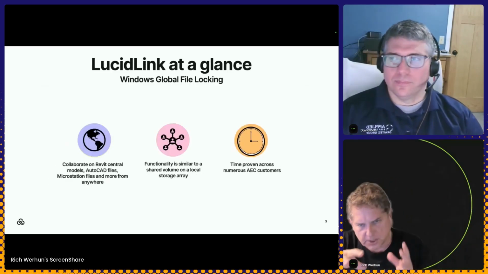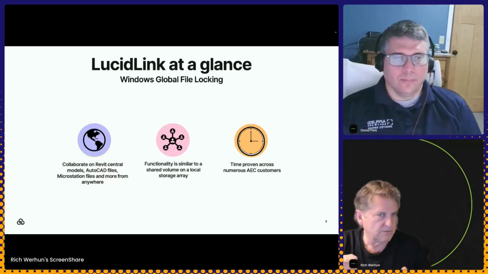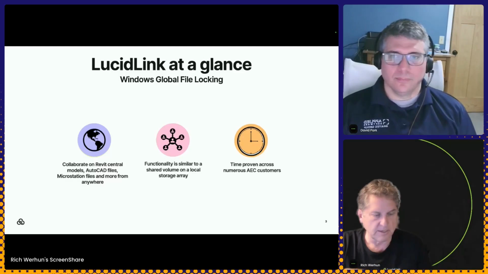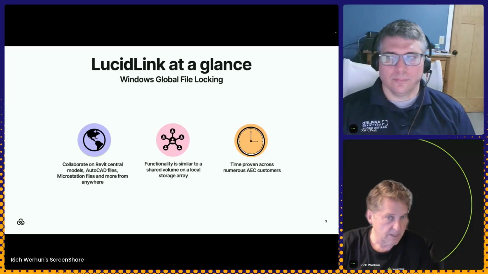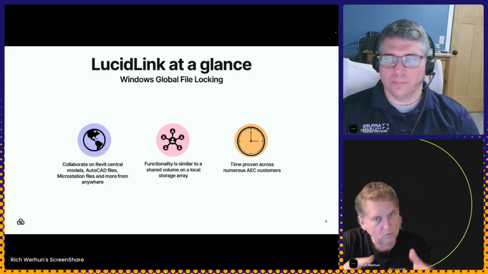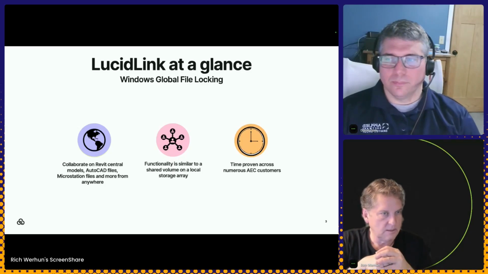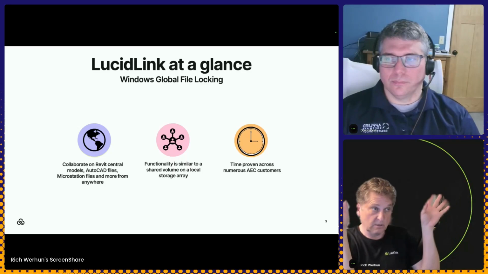Since we function as a locally shared volume, our Windows file locking works with whatever applications, I don't care: Revit, AutoCAD, MicroStation, Bluebeam Review, etc. That Windows global file locking that these applications have, that functionality works with us. And we're not some edge appliance technology either.